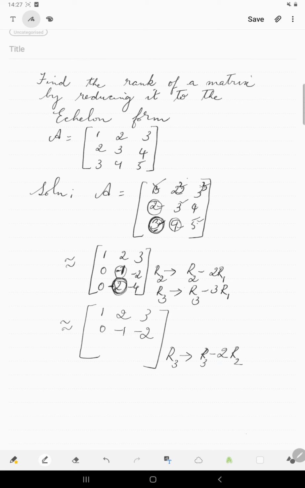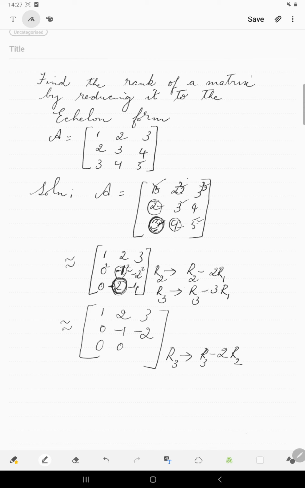You see here, I am multiplying 2 to R2. So here 2 into 0 is 0, 0 minus 0 is 0. Here 2 into minus 1 is minus 2; minus 2 minus of minus 2 is plus 2, that is 0.